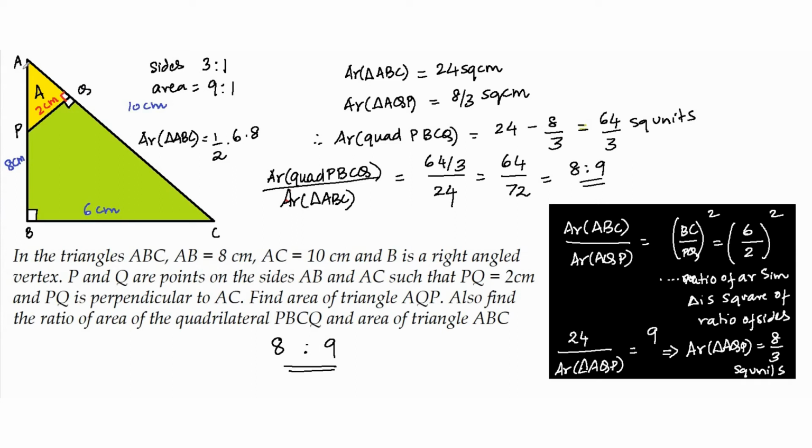So the area of triangle APQ is A, the area of triangle ABC is going to be 9A, and therefore this quadrilateral is going to be 8A, that is 9A minus A. And therefore the area of the quadrilateral is 8A and the area of triangle ABC is 9A, which is why A cancels and the ratio is 8:9. So this was another way of looking at the same problem.